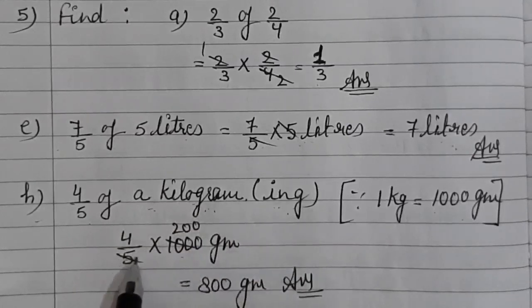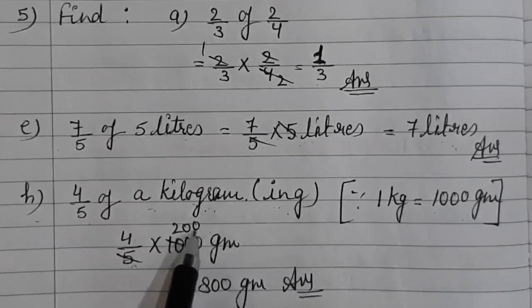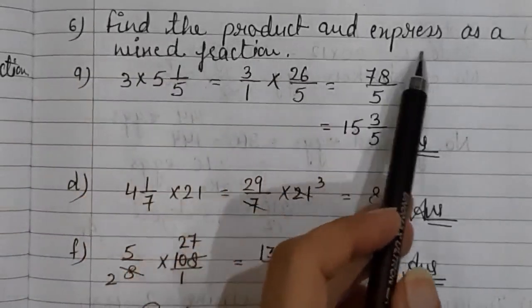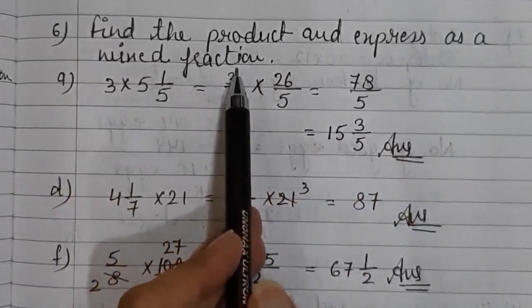Then cancel out this whole number with this fraction's denominator, when we cancel out, it will come 200, and 200 into 4 is 800 gram.